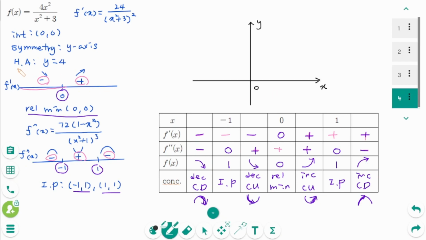The horizontal asymptote is y equals 4. Relative minimum is 0, 0. Inflection points are minus 1, 1 and 1, 1.